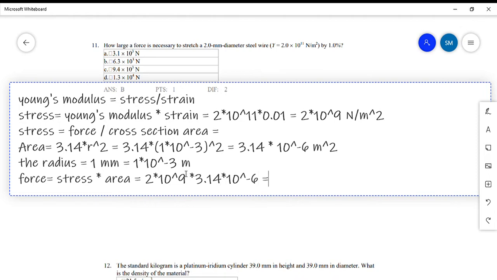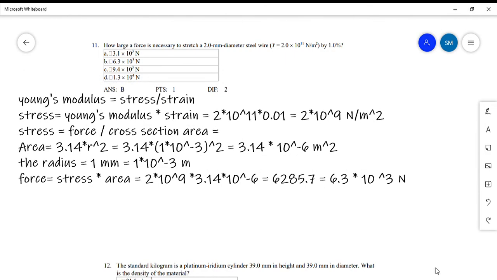So the force is simply equal to 6.28, which is approximately 6.3 when you write it in scientific notation, times 10 power 3 newton. So this is the answer. I hope you understand it.